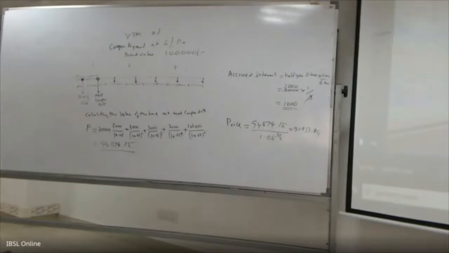The accrued interest should be less than 6 months, and it should not be a coupon date.